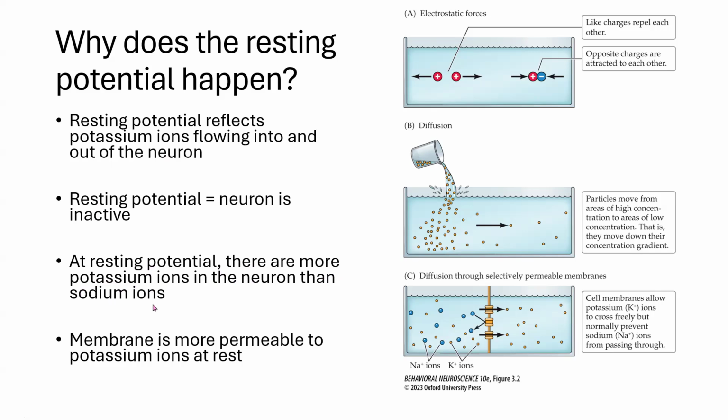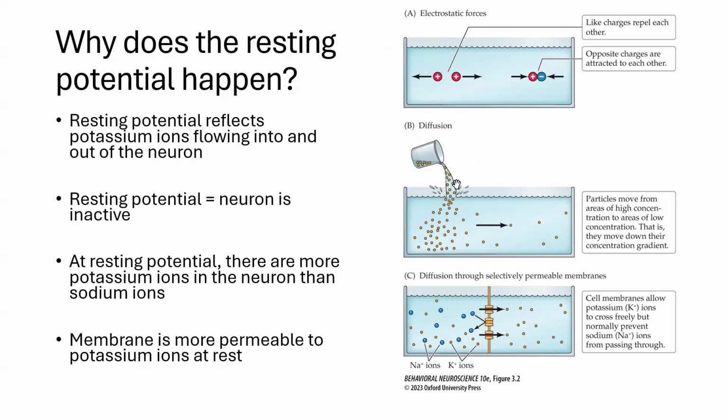Obviously, there are more negative charges than positive ones, but potassium is the big one here. Sodium ions will come into play when we're talking about the action potential, when the neuron fires, when it responds to the environment. When it's at rest, the membrane is more permeable to the potassium ions. So potassium ions don't really start the spark. They don't start the firecracker to go off. And why does this happen?